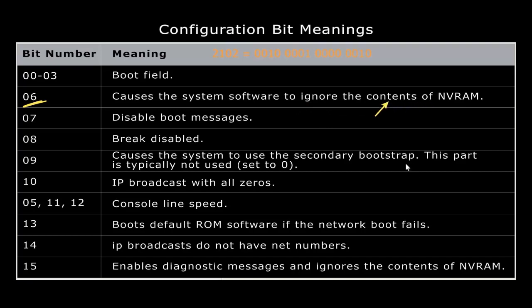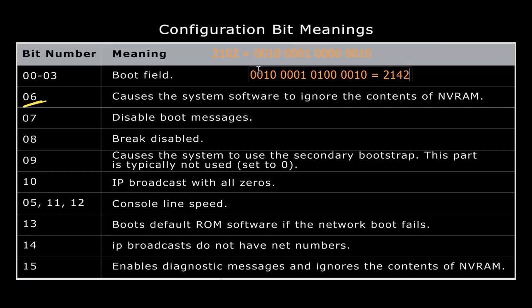So let's see what that would look like if we took the binary and converted it back into hexadecimal. In this case, we would end up with 0010, 0001, 0100, and then 0010. Converting that back to hex, we'd have 2, 1, 4, 2.